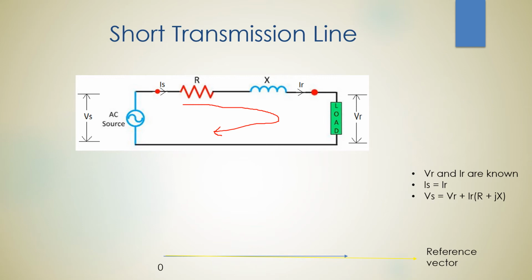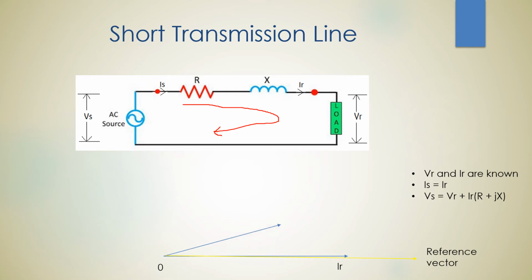As we know, VR is the known quantity and IR is the receiving end current. We are taking the IR vector as a reference vector, so IR is shown horizontal. That means it is a reference vector.